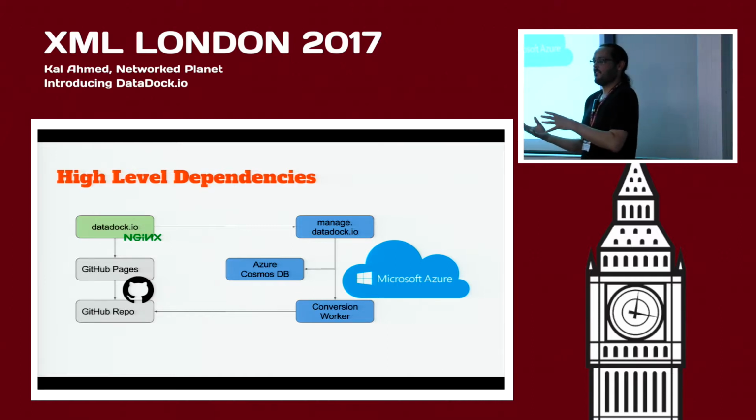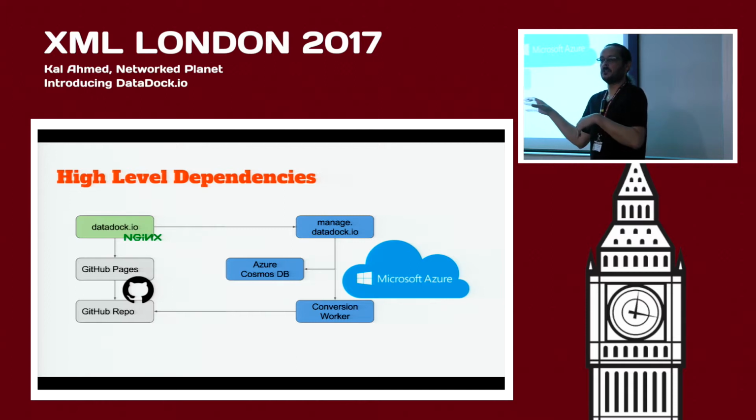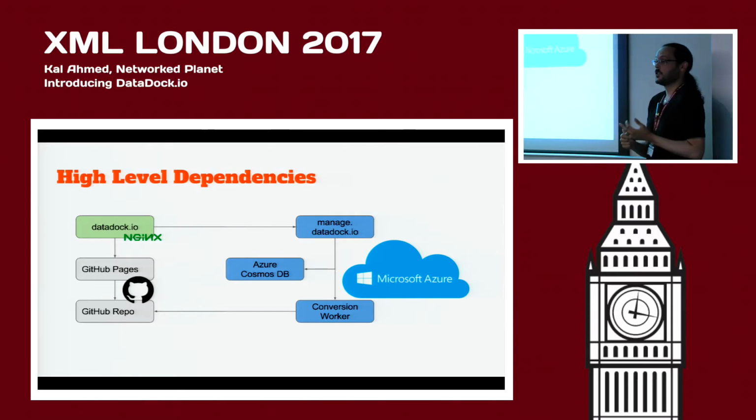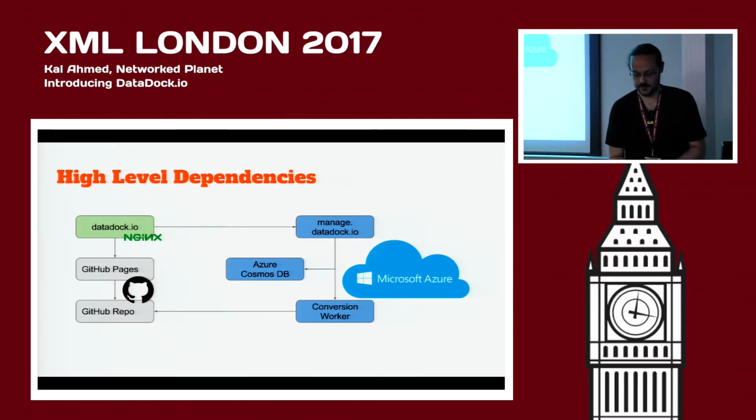But because, of course, everybody's GitHub pages site is going to be under the github.io domain, and it's not going to do content negotiation and all that kind of stuff, we have a front end, which is just load-balanced Nginx servers that are just doing content negotiation and redirects, so that datadoc.io domain IDs will resolve either to HTML or to NQuads, depending on your accept headers. So that's pretty much all there is to it.